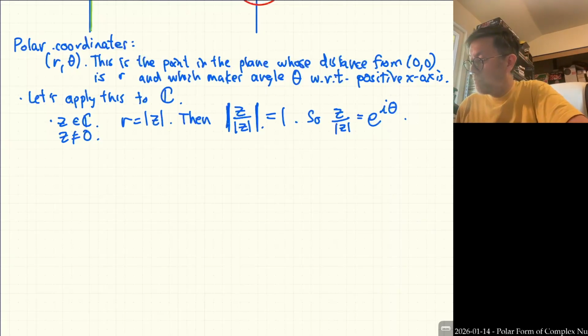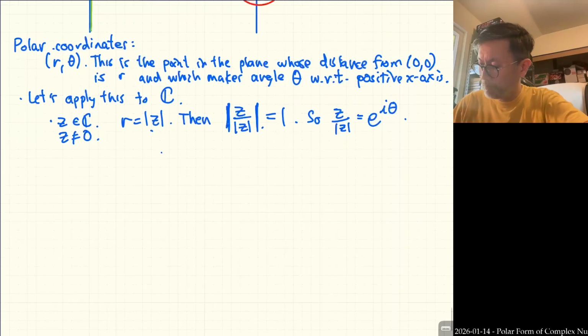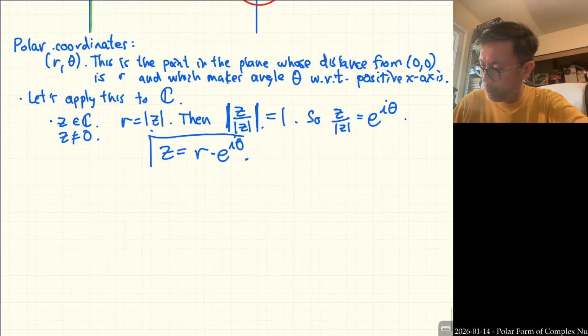Okay? And very clearly now, if r is the modulus of z and z over the modulus of z is going to be e to the i theta, then what we can do is just write z as r times e to the i theta. This is sometimes called the polar form of z.